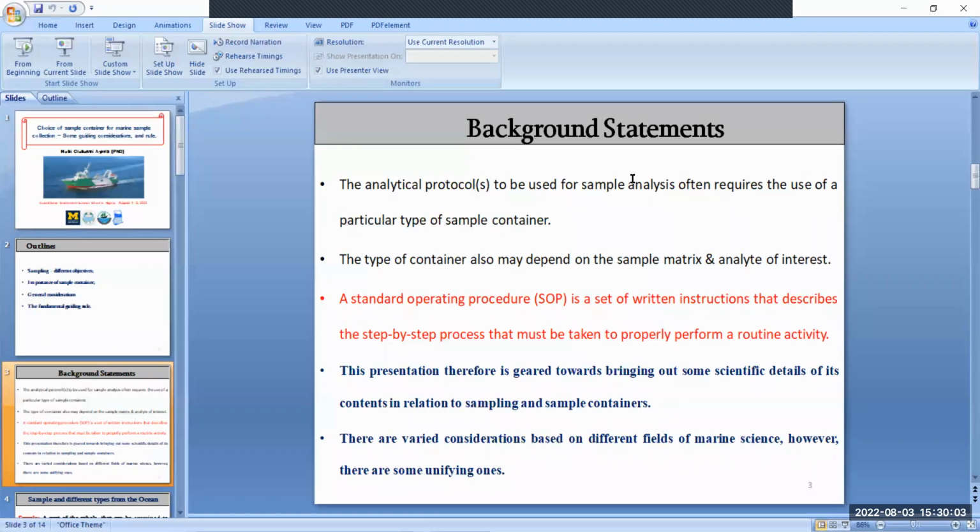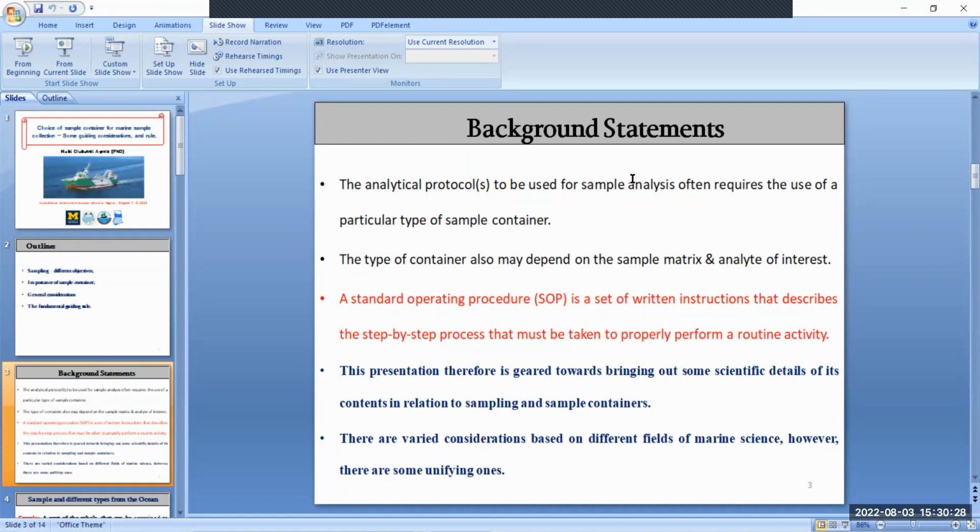As a scientist, you don't just follow an SOP like that, but you need to understand the step-by-step content of that SOP. What are the scientific explanations given to each of the steps that you need to follow?